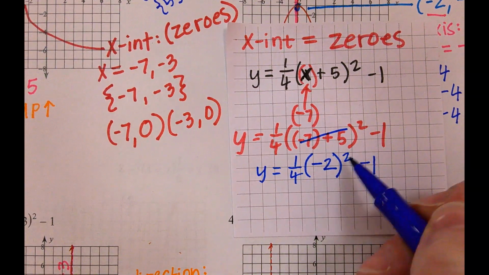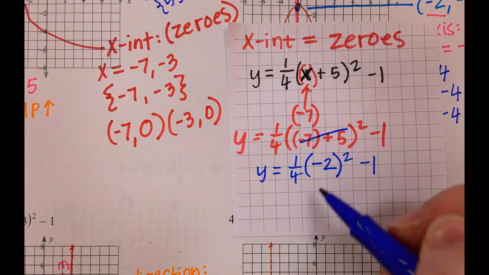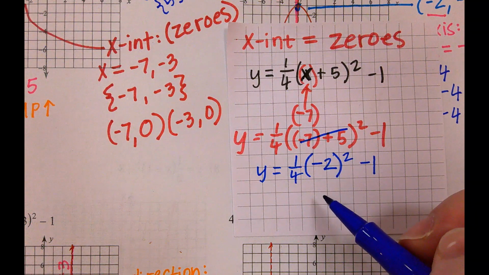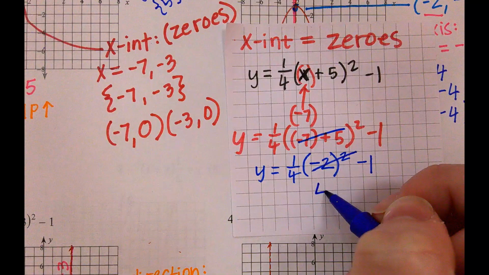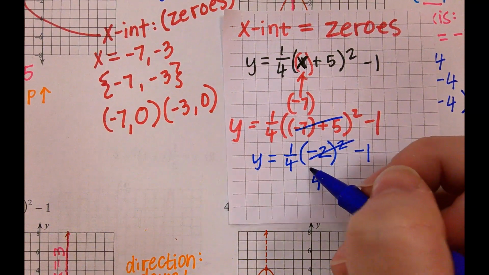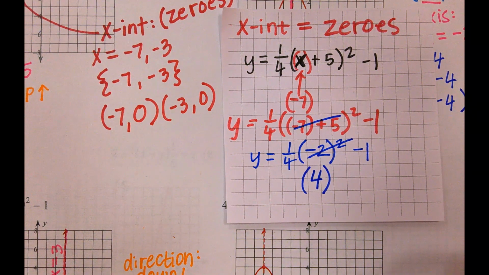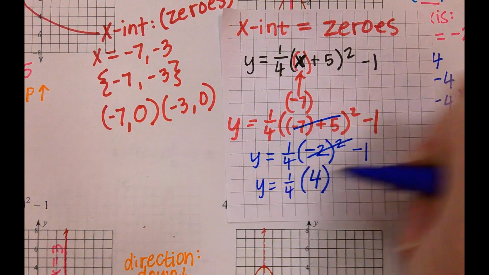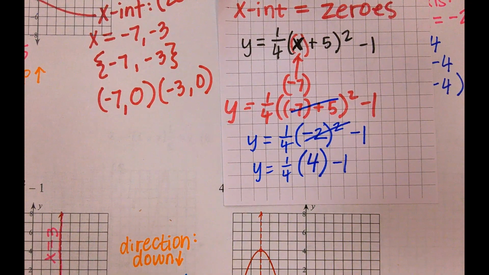What does that give me? Positive 4. Okay, so I got +4. What comes down? Your y equals 1/4, -1. Good. Y equals 1/4 times 4 minus 1.